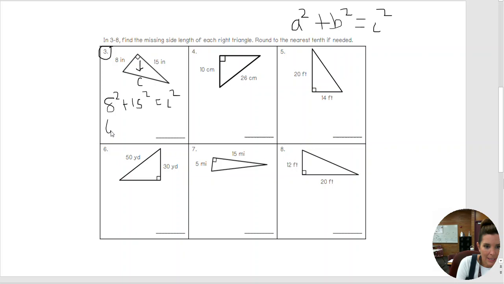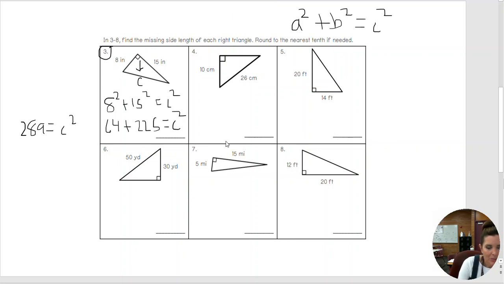So 8 squared is 64. 15 squared is 225. When we add 64 and 225 together, we get 289, which is equal to C squared.